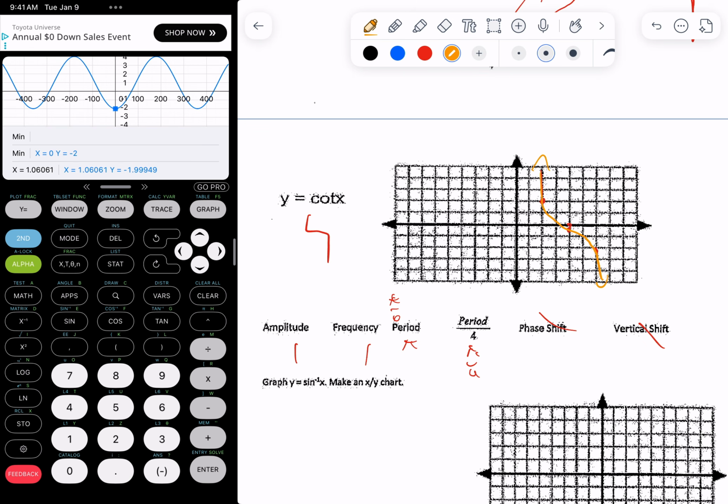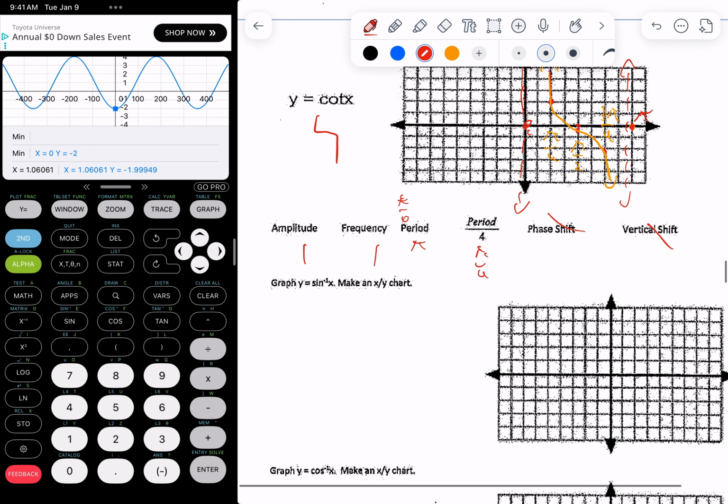Pi over 4, 2 pi over 4 is pi over 2, and then 3 pi over 4, and then you have these little guys where it'll just barely touch, so we're going to draw that line, and this is at, of course, the 0 part, and this is the 4 pi over 4, which is just pi.